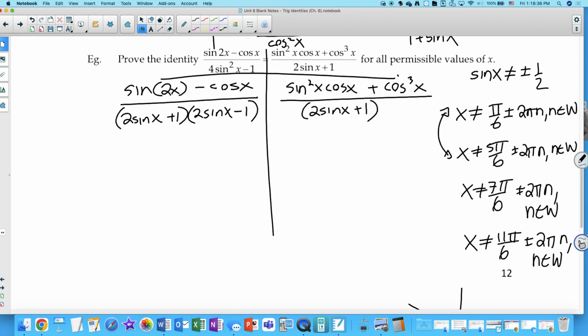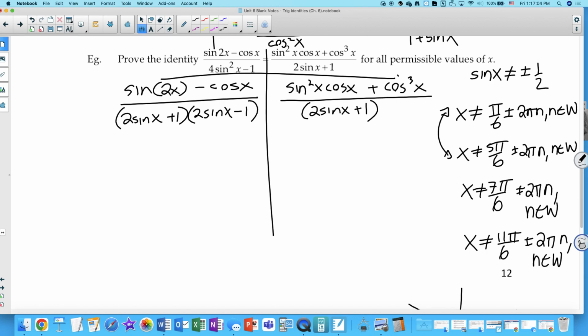I think, to be honest, I can see some stuff in this question where I would want to work for sure on the left, but also on the right. Yeah, what are you thinking? Sine 2x is, I think it's sine 2a. Yeah, this is a double angle. So have that formula sheet out. Sine of 2a is 2 sine a cos a.